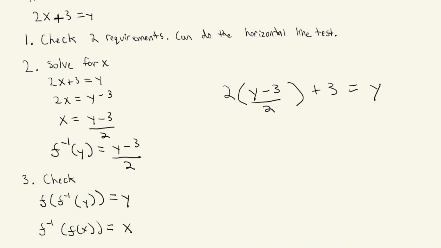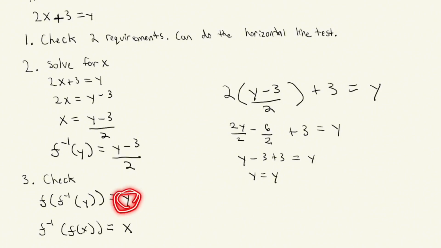And that's going to evaluate to 2y divided by 2 minus 6 divided by 2 plus 3 is equal to y. And we know that that's just going to be y minus 3 plus 3 is equal to y, which is y is equal to y. That is correct. We got y here as expected.